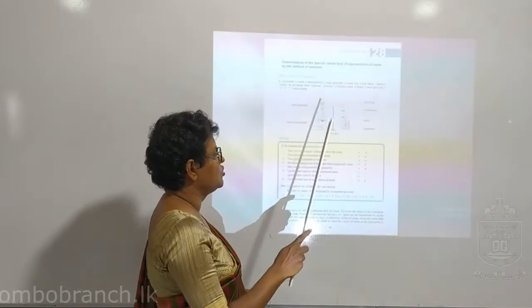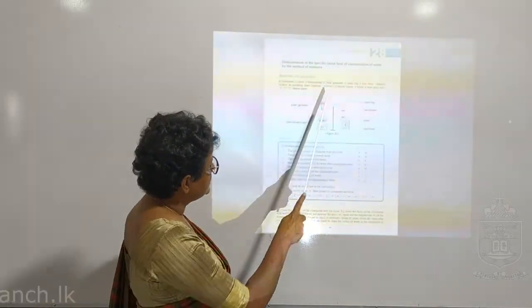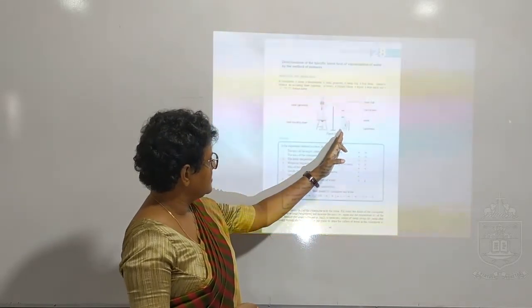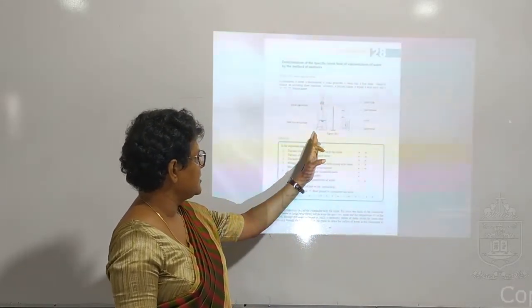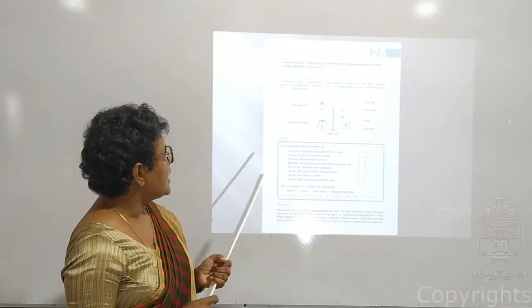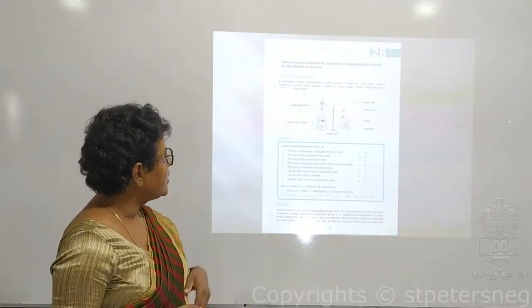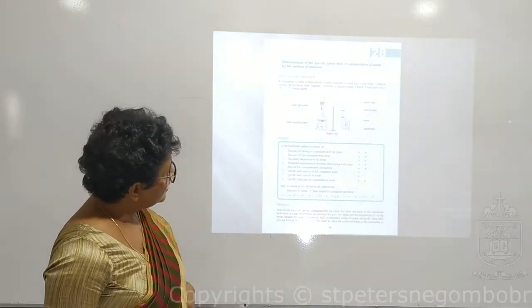Here you have a thermometer and there is an obstacle here so as not to disturb the calorimeter temperature with the Bunsen burner, and here also you have to do the cooling correction to minimize the heat losses, right?